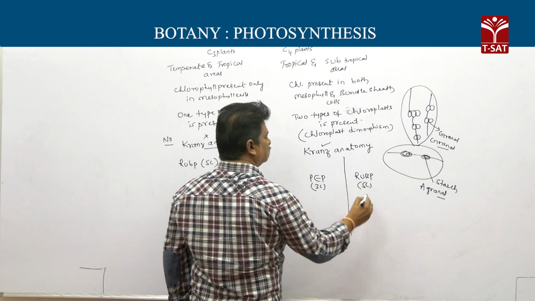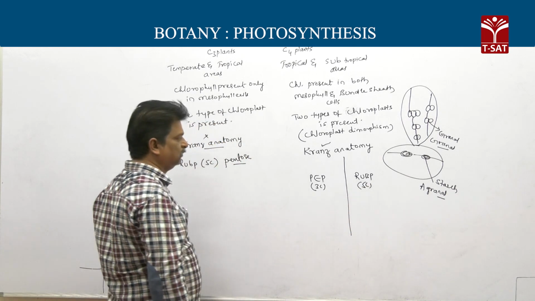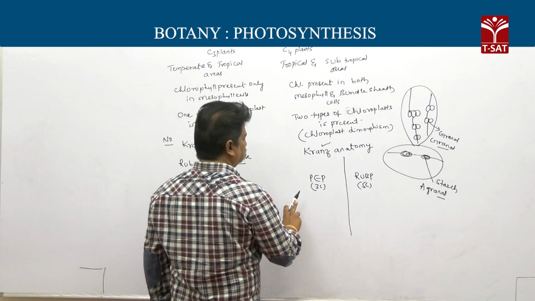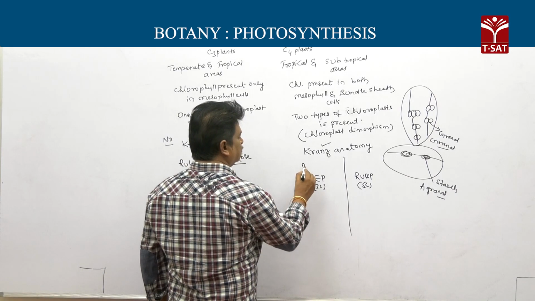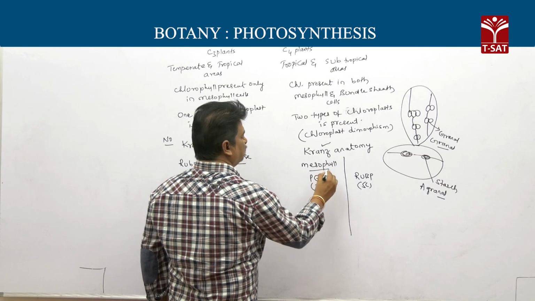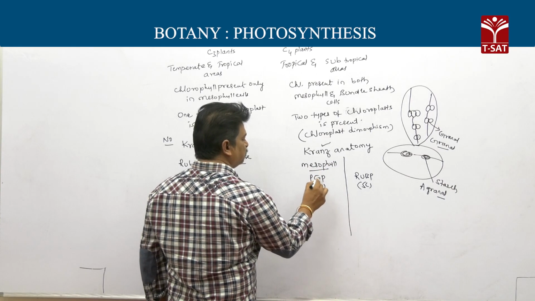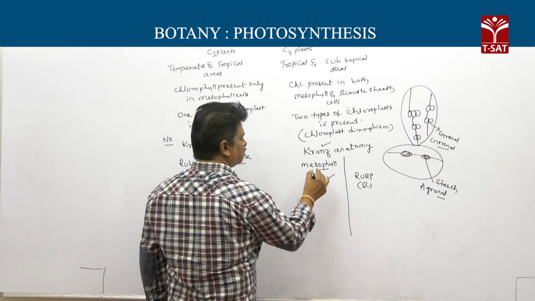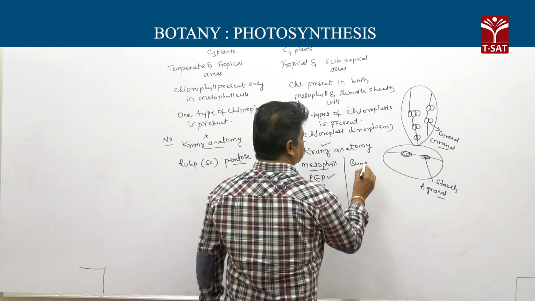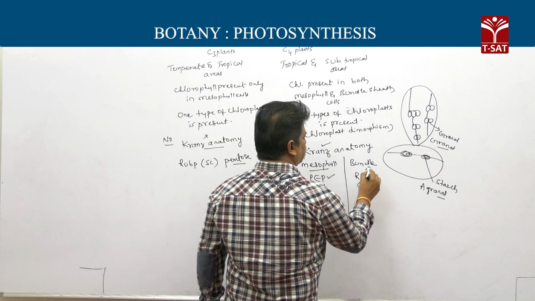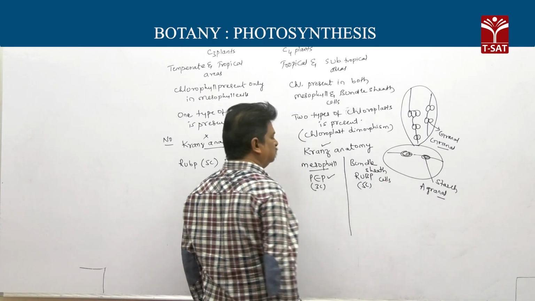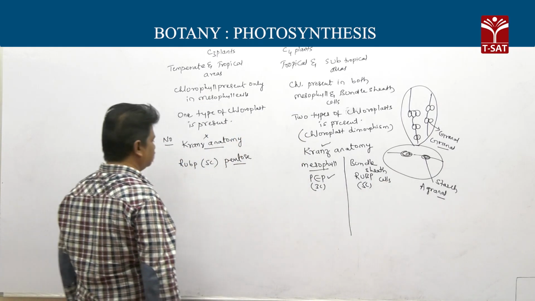Second one, ribulose bisphosphate, that is pentose, 5 carbon compound. In C4 plants, first carbon fixator is PEP. It fixes carbon in mesophyll cells. Second carbon dioxide fixator, that is RuBP. It fixes carbon in bundle sheath cells.